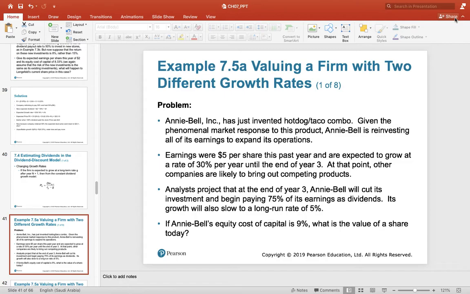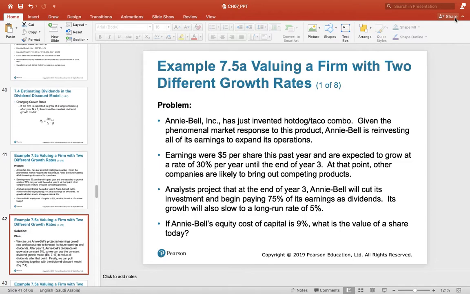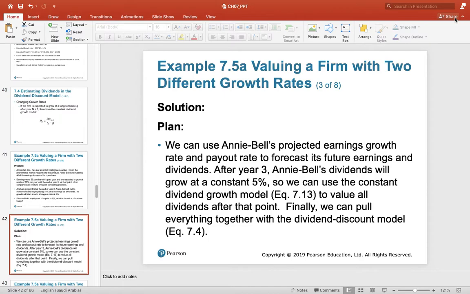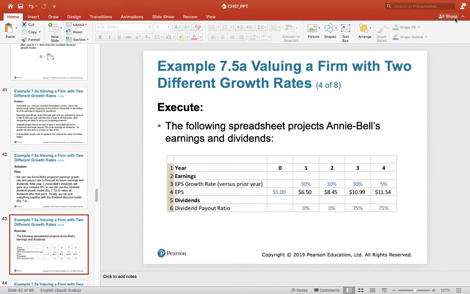If the cost of capital is 9%, what will be the share price today? Let me explain very clearly. The timelines are given here. The earnings per share growth rate is 30% per year, and from the fourth year onward the growth rate will be 5% forever.